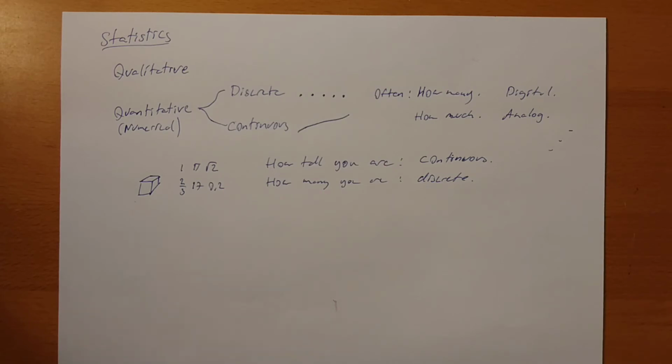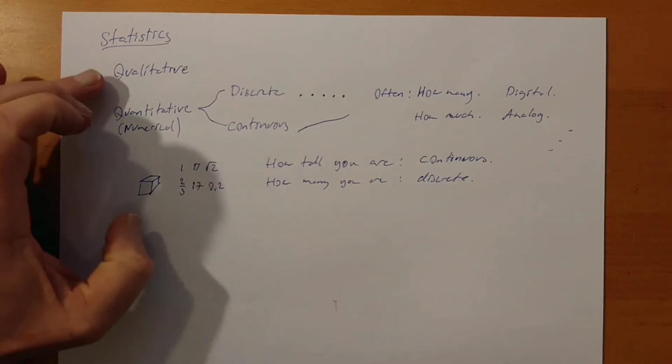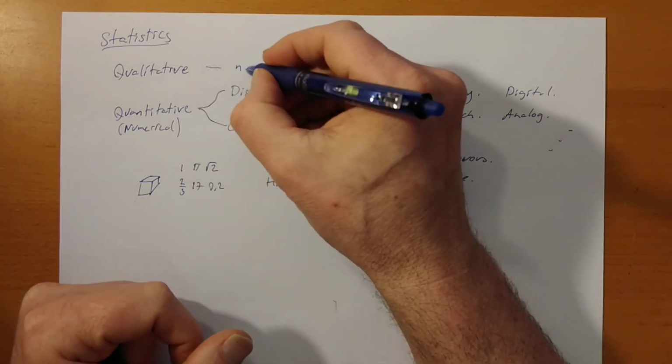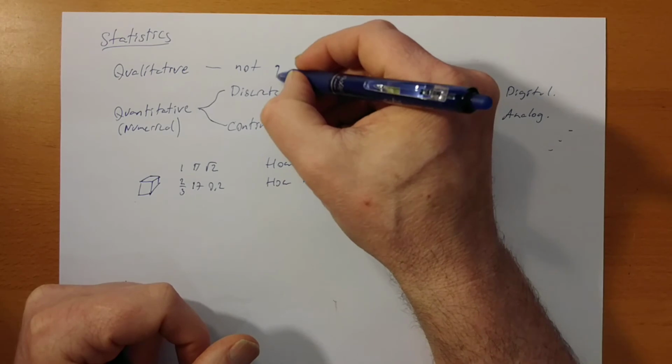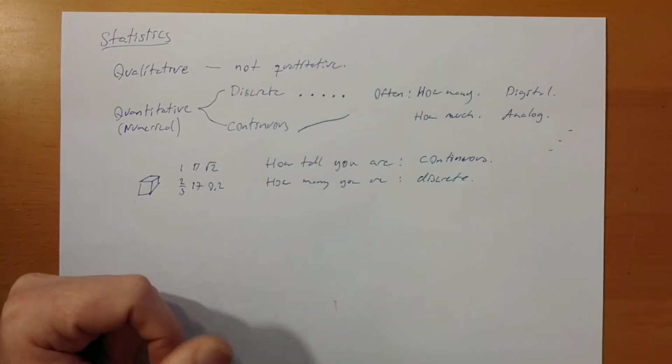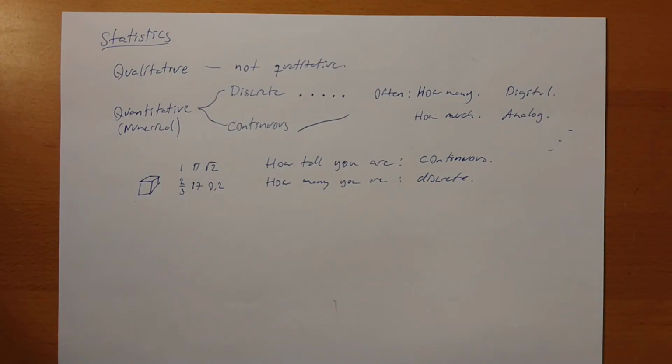Then we can get to qualitative data, and that is basically not quantitative. You could, for example, ask people about their favorite color or what brand of car the family owns. That would be qualitative data.